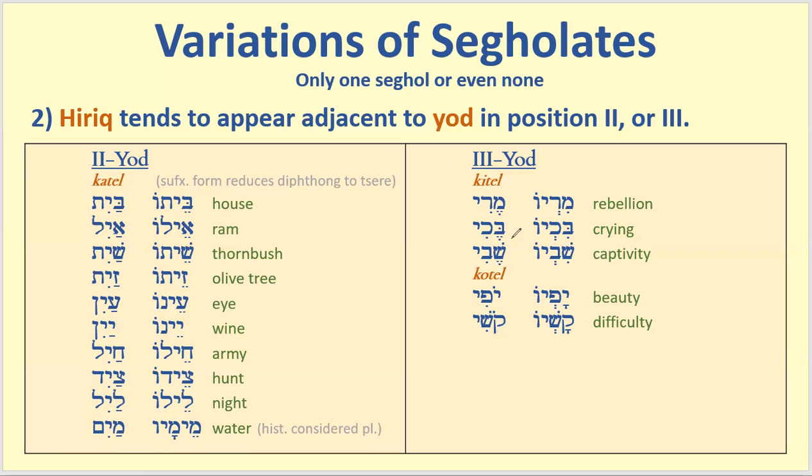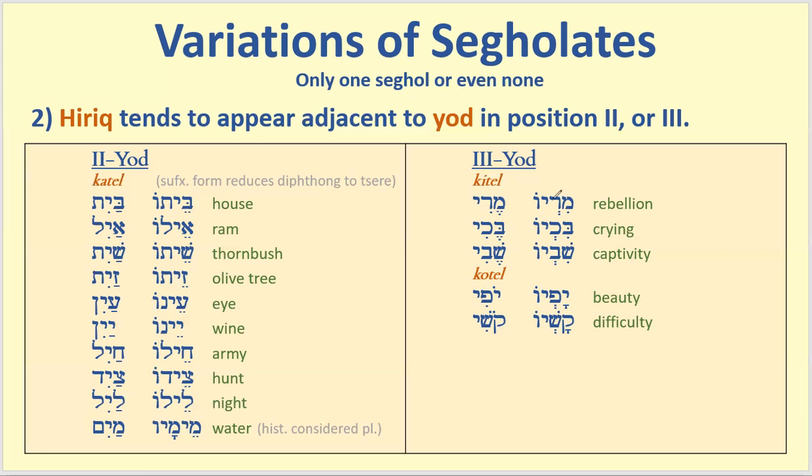Over on the right-hand column, we get some segolates that have a yod in the 3rd position rather than the 2nd. And here we get our segol that we would expect under the 1st root letter, but we don't get a segol under the 2nd root letter because that yod pulls it into a chirik sound. So instead of merei, it's meri, which is rebellion.